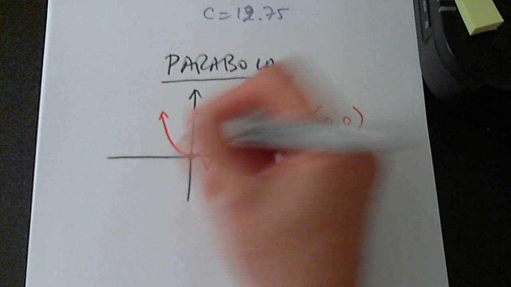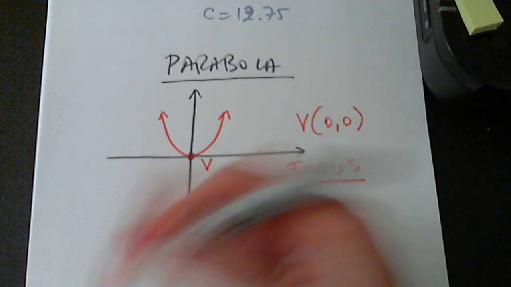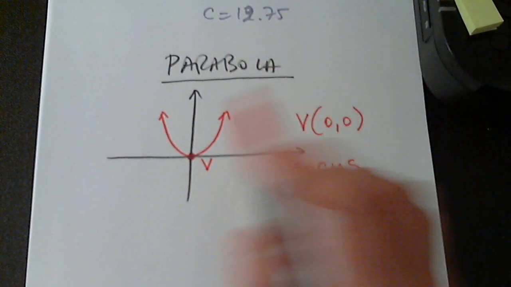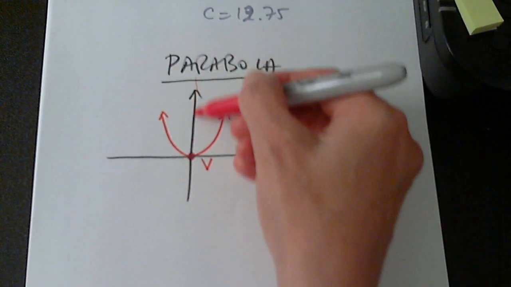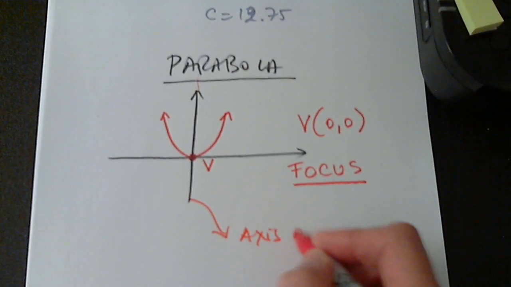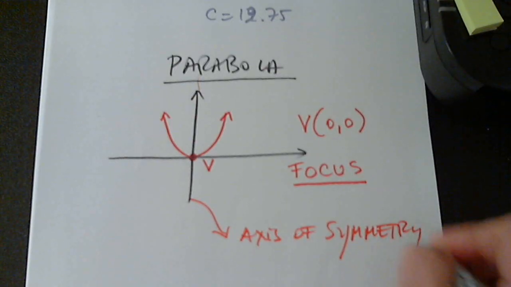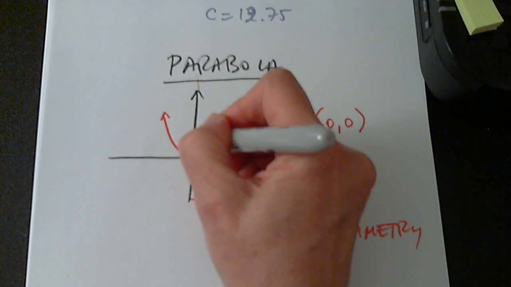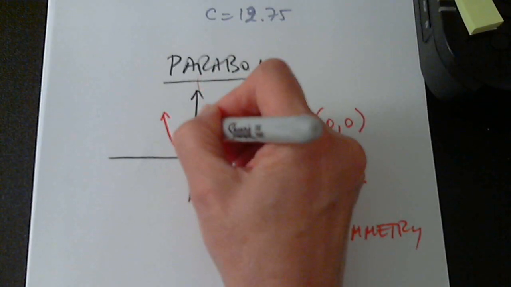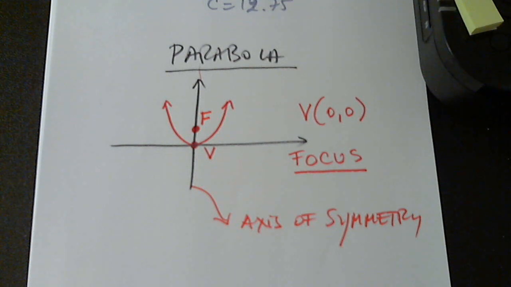So in this case, if the parabola is opening up and the vertex is at the origin, as I mentioned, centered at the origin, and this is the axis of symmetry. The focus is somewhere here, on the axis of symmetry, denoted by F, standing for focus.